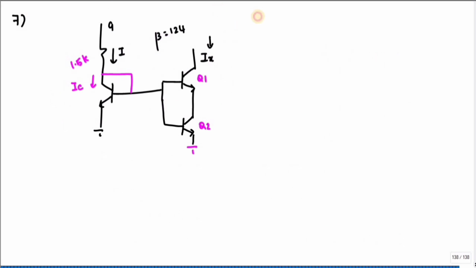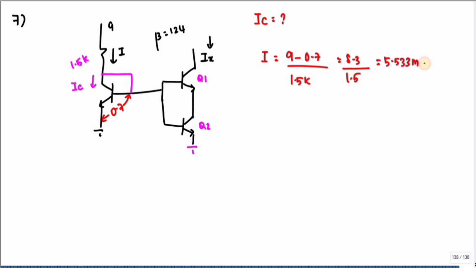So the next question is, it is like parameter. So you have to find the value of IC. Okay. So you know that 9 minus 0.7 divided by 1.5K is your I. So that value is nothing but 8.3 divided by 1.5K.